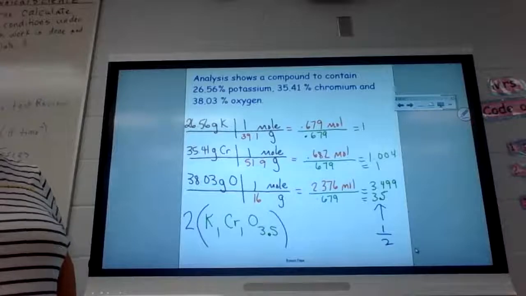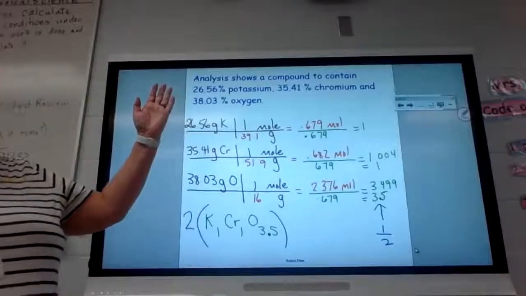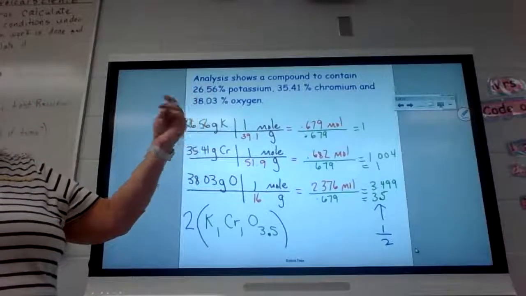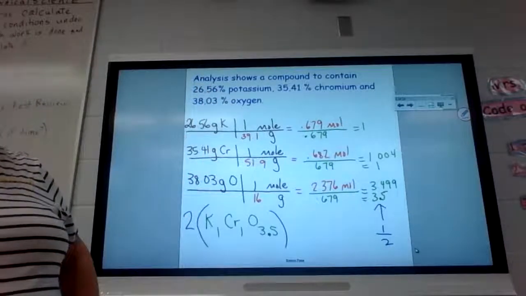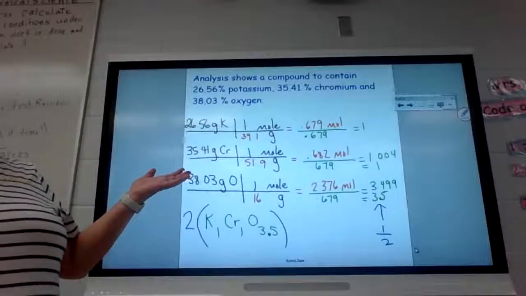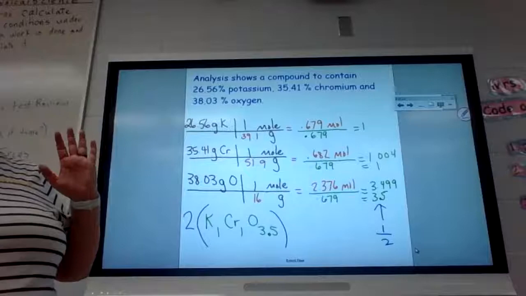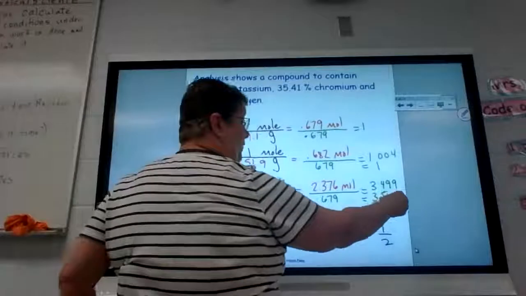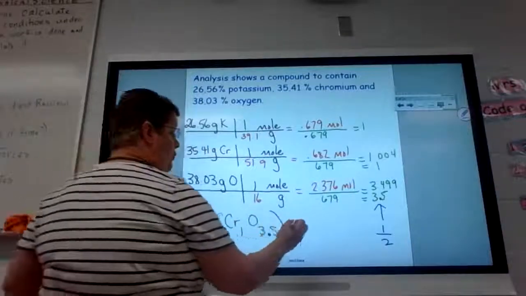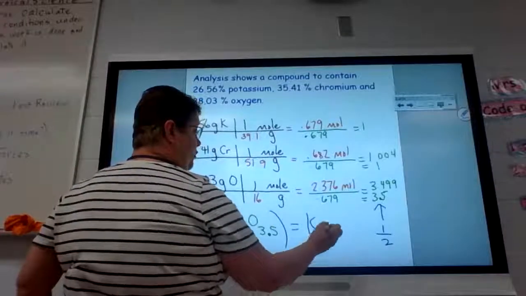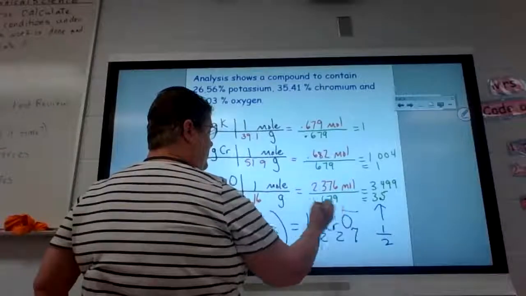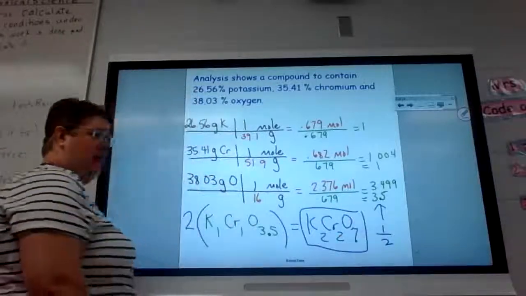So if you get any 0.7s, 0.3s, 0.2s, you know you got some messed up math, because you're either going to get 0.5 or a whole number. So when you multiply by 2, you get K2, Cr2, O7. And that's your answer.